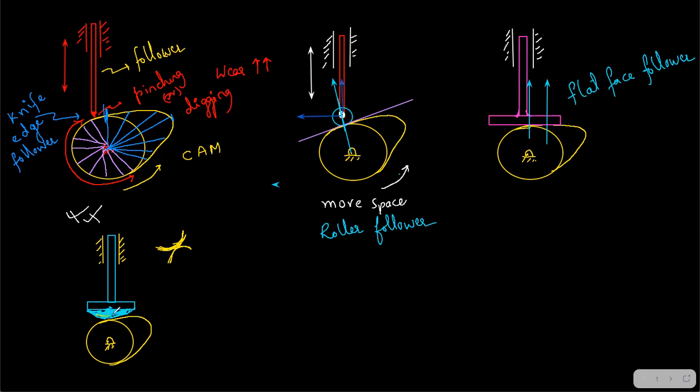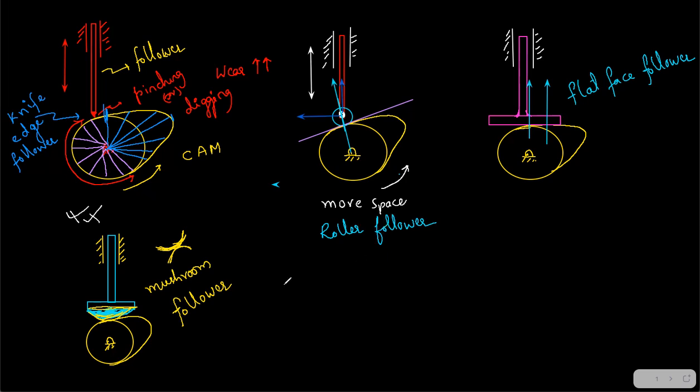From the roller you have taken this convex surface, and from the flat face you have taken this width. Fine, you have added the positives of both and formed this, and this is called a mushroom follower. It looks like a mushroom shape, right? This follower, so that's why it's called a mushroom follower.